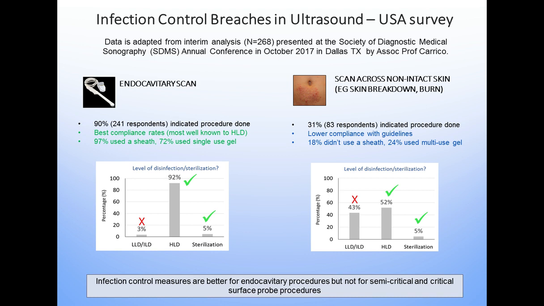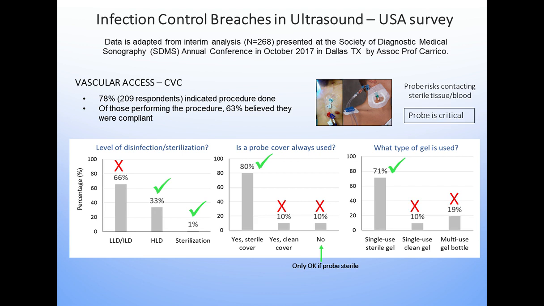If there was a scan across non-intact skin, around half of the respondents performed low-level disinfection and around half HLD. 18% of respondents didn't use a sheath and 24% used multi-use gel. If we look at vascular access for central venous catheters, this is where I think this really gets quite shocking.